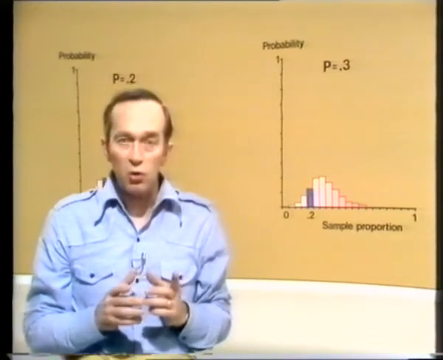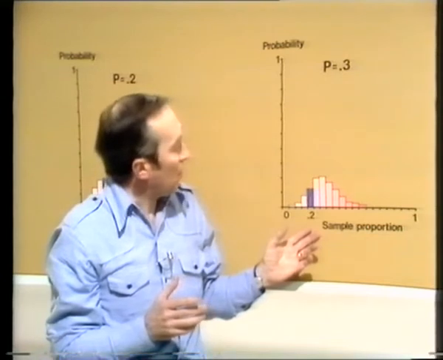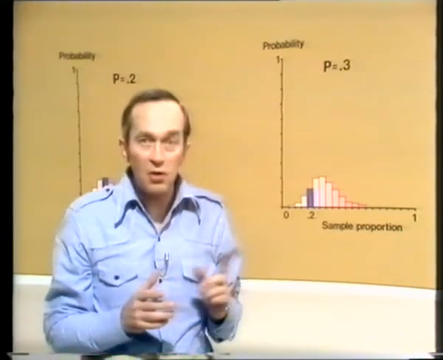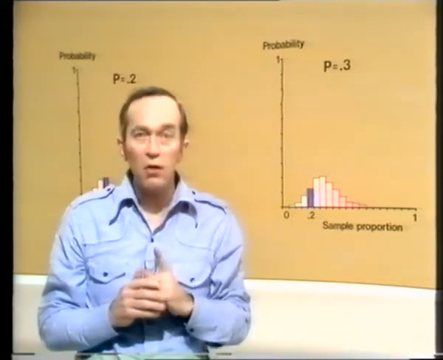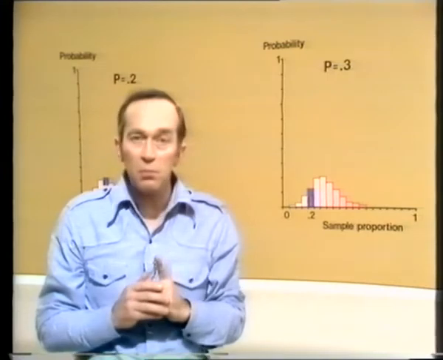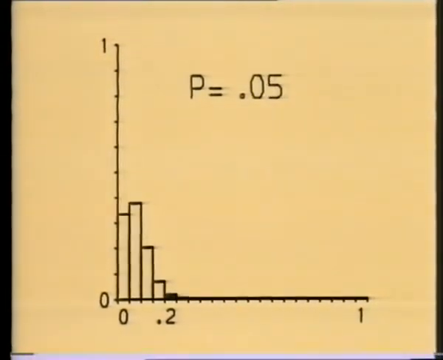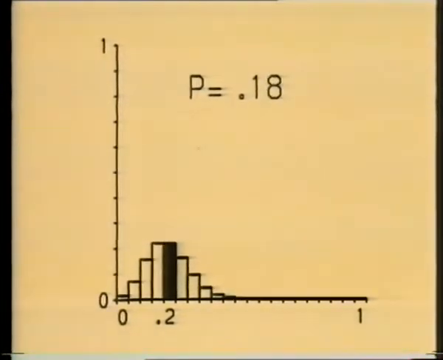And I want you to look, then, as we look at these histograms for p equals 0 to p equals 1, at the probability of getting the particular sample result, 4 out of 20, a sample proportion of 0.2. We start with p equals 0. As p increases, the histogram moves to the right. But watch the probability of the sample proportion 0.2.